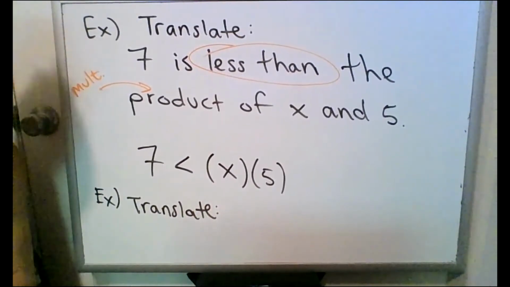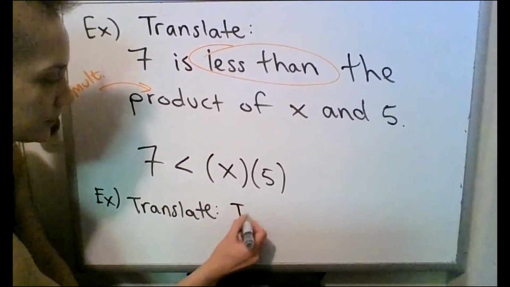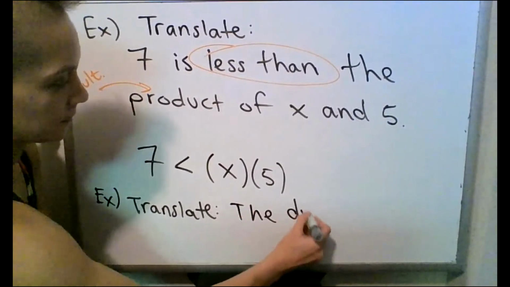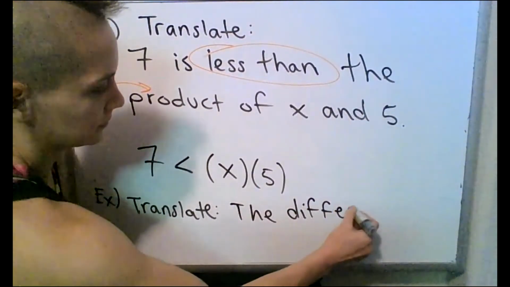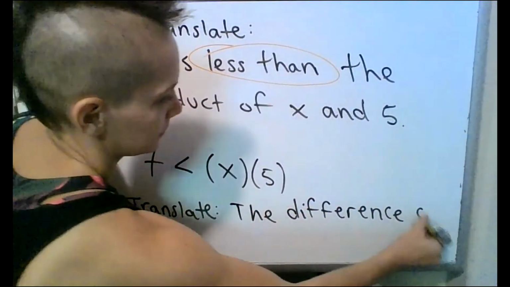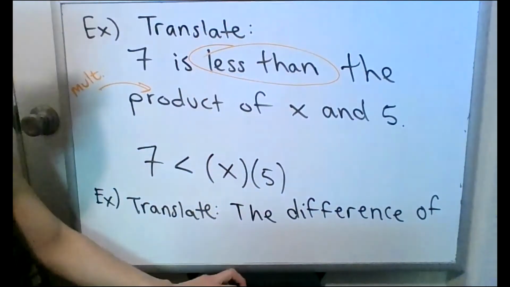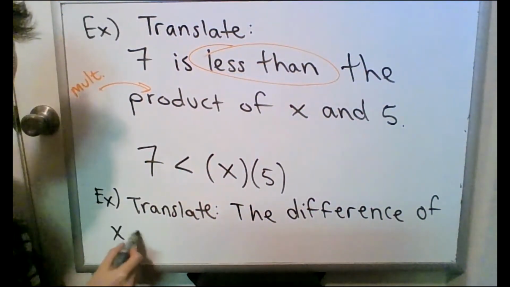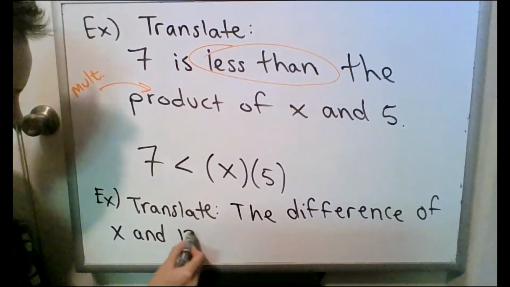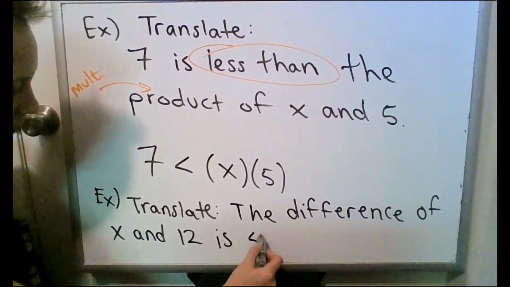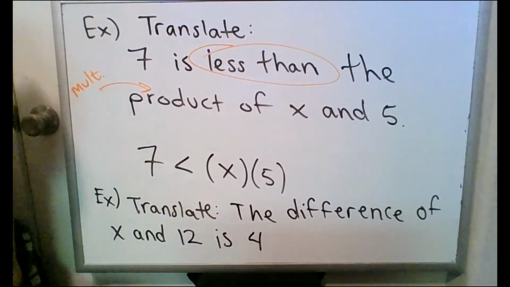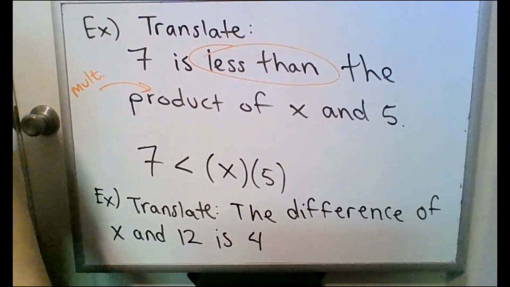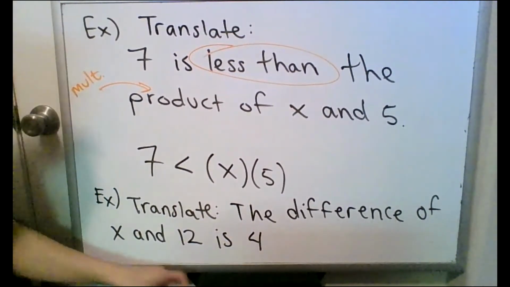The difference of x and 12 is 4. Okay, difference is going to mean use subtraction.